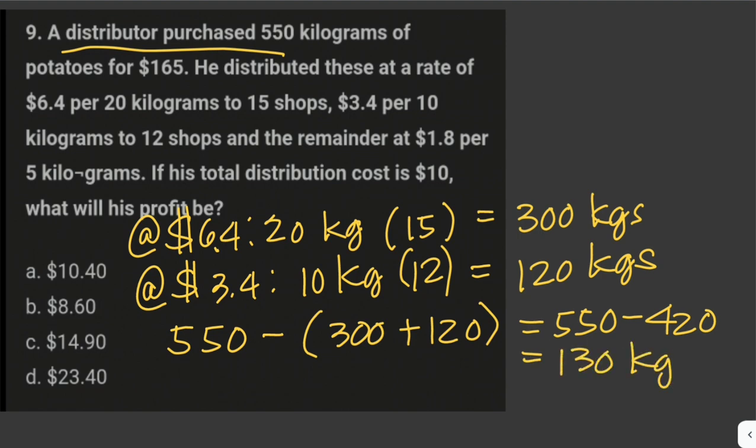So the number of kilograms that is left is distributed in 5 kilogram portions. That means there are 130 over 5, which is equivalent to 26 shops.